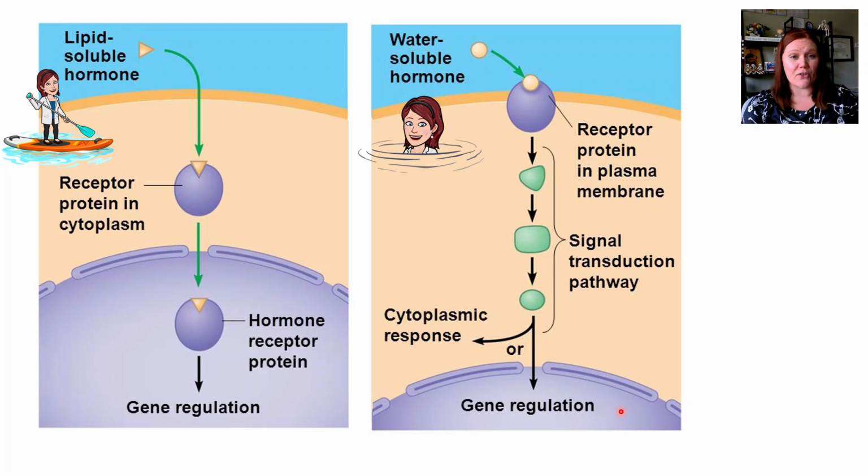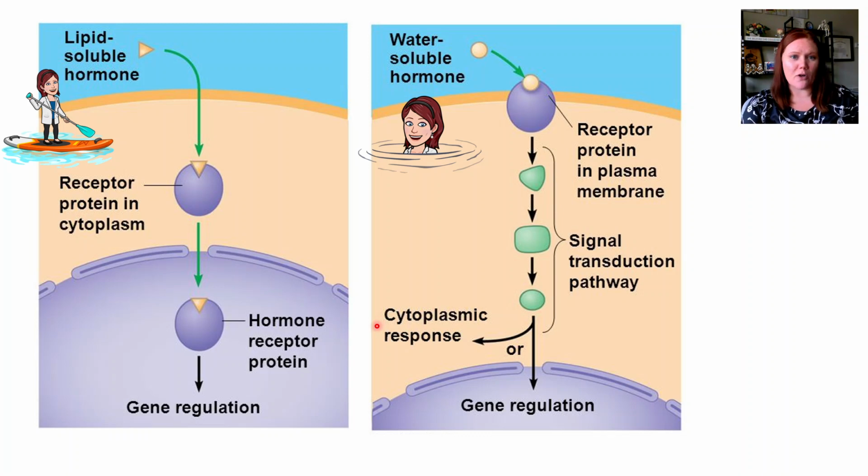That brings us to the third important difference about these hormones, and it's what their effects can be. When we think about a water-soluble hormone, not only can it do the typical change in gene regulation, so we're going to make more of a protein or less of a protein. Because it uses all of these secondary messengers, it can also have impacts in the cytoplasm of the cell.